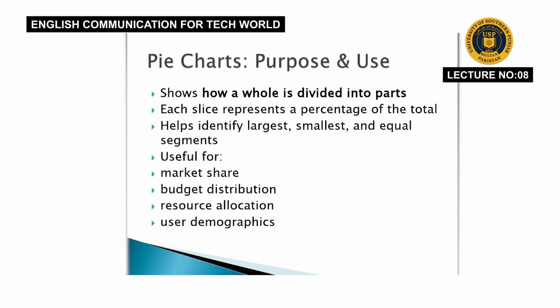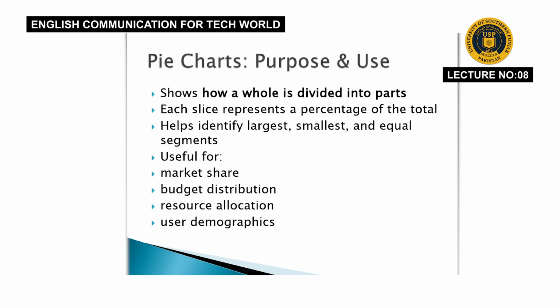Moving on, we have the pie chart. A pie chart is used when we want to show how a whole is divided into different parts. It is a circular chart divided into slices, and each slice represents a percentage of the total.